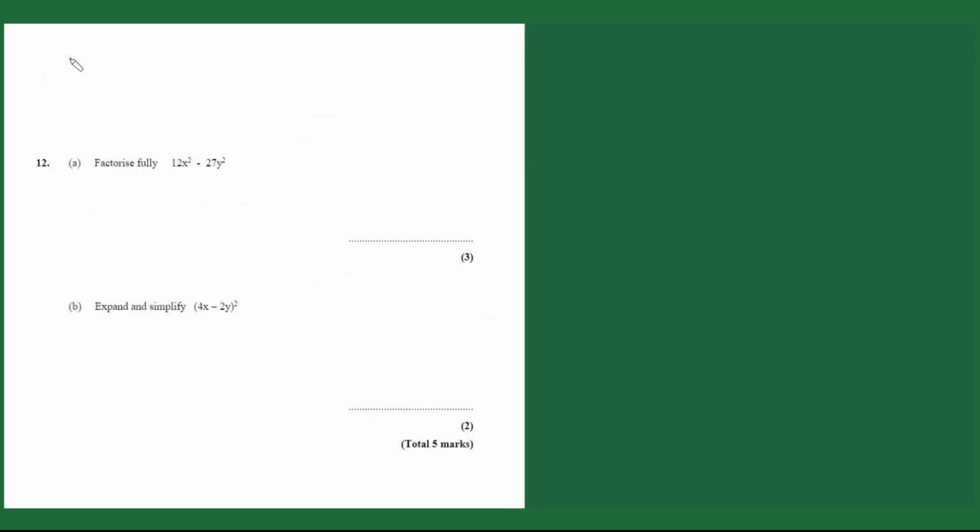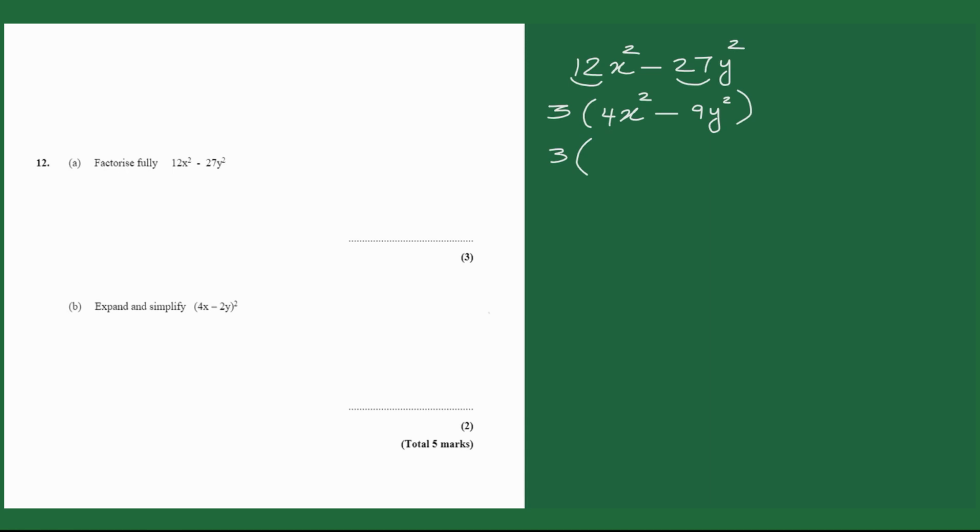Question number 12. Factorize fully. 12x squared minus 27y squared. So 12 and 27, I can take the common factor 3 out. You will end up with 4x squared minus 9y squared.